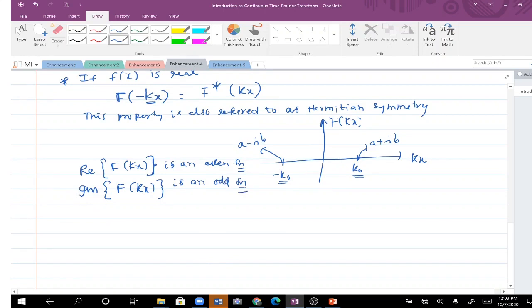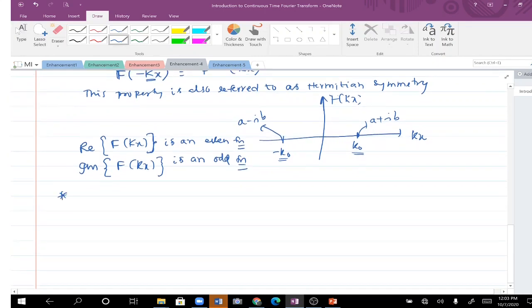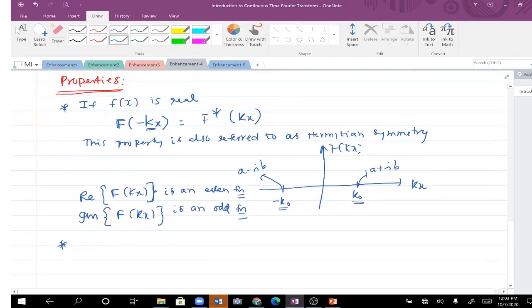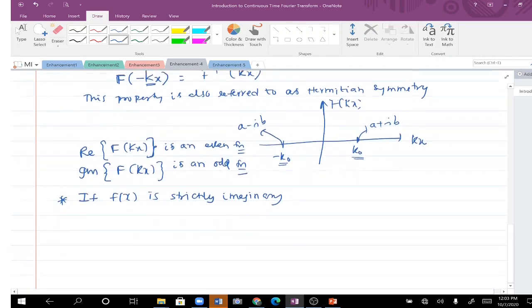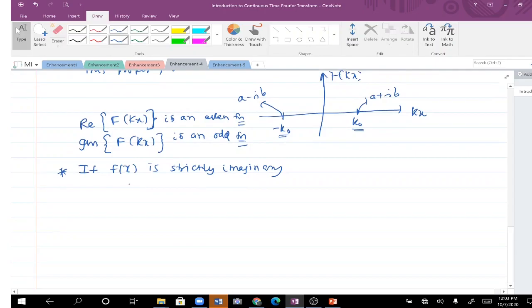Now let's take another special case where your f of x is strictly imaginary. Then what would happen? It's very easy to analyze this. Anyway, I leave that part to you. I would directly write the result here. Your f of minus kx would be equivalent to minus f conjugate of kx.